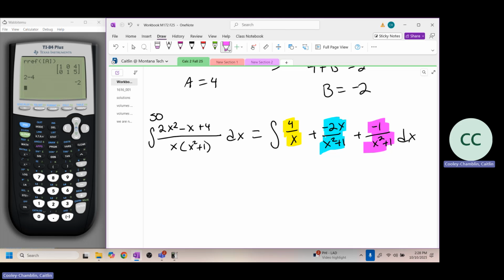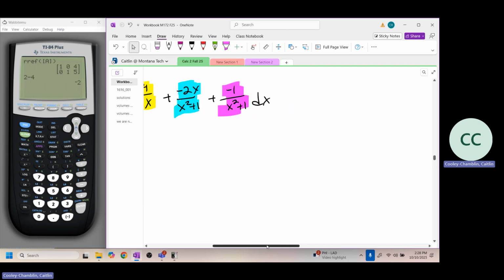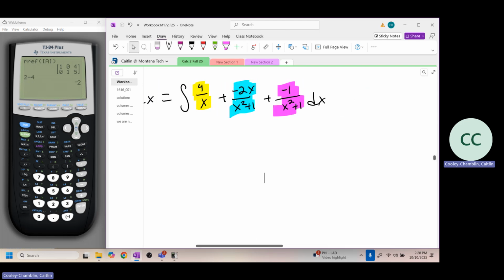Your brain should be saying inverse tan. So each of these integrate differently. So we are going to go step by step for this because I want to show you guys how they work. So this first one, this yellow one, we get 4 ln of x.